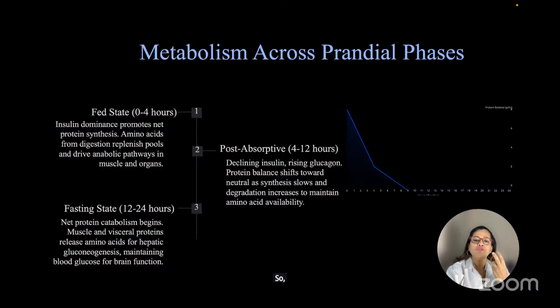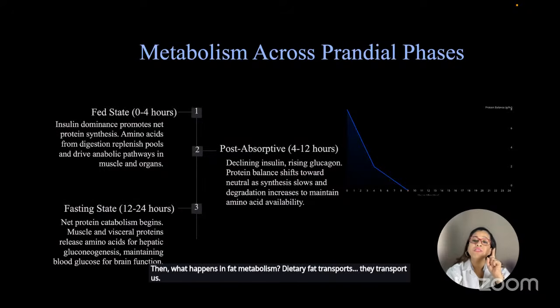So in the first 4 hours after you have eaten your food, insulin increases, glucagon decreases, cortisol is low at baseline, and carbohydrate, glucose, is absorbed from the intestine. The insulin stimulates GLUT4, which mediates uptake into muscle and adipose tissues, and glycogen. Then in fat metabolism, dietary fat is transported as chylomicrons.